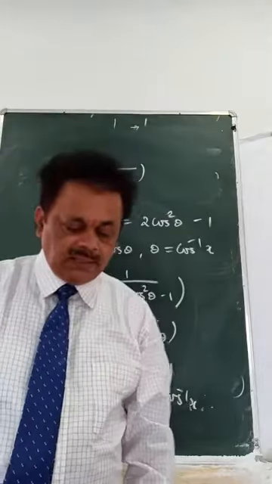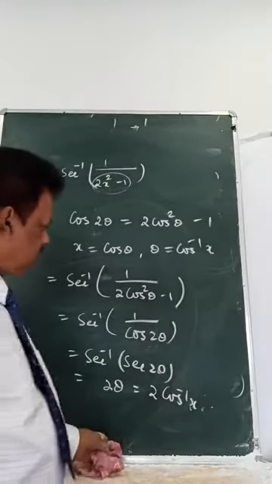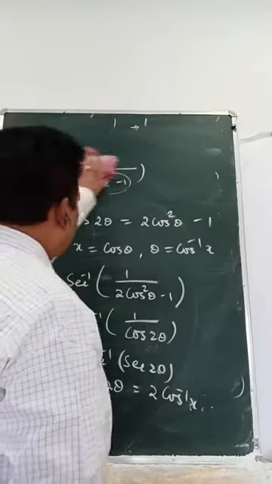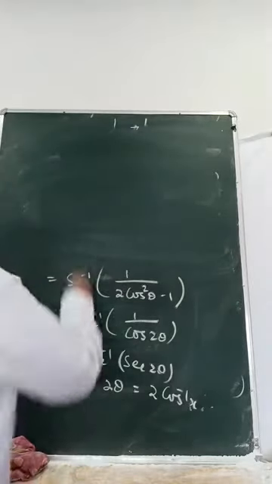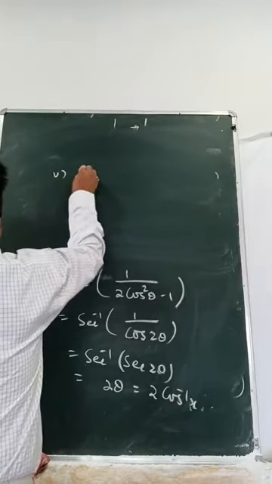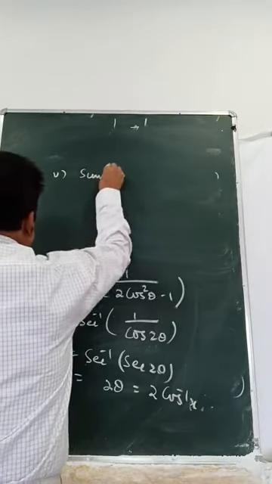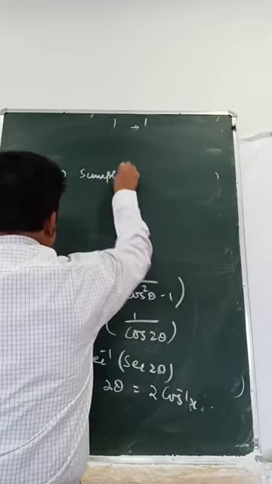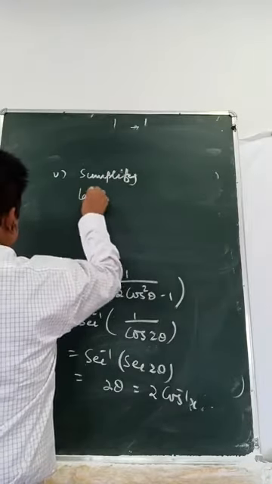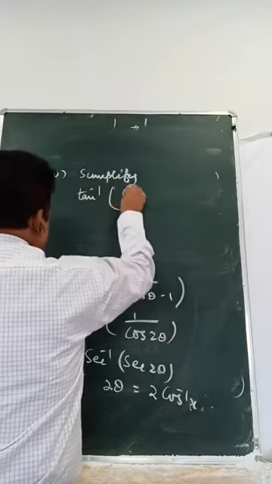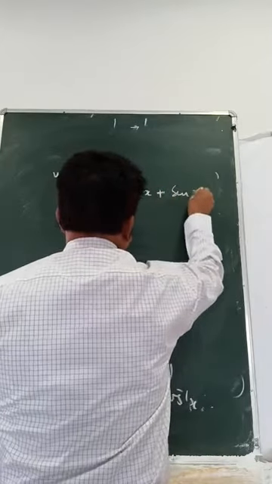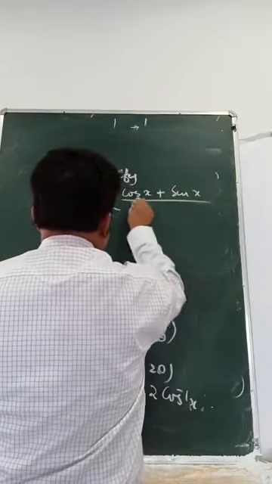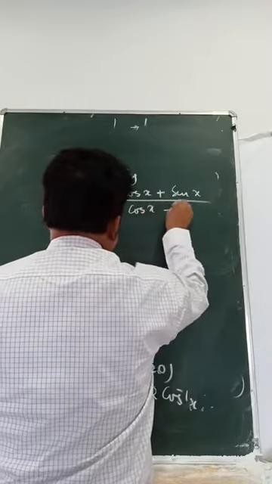This pattern is clear. Suppose let's enter into a difficult question. Suppose I got a question: simplify tan inverse of (cos x plus sin x) by (cos x minus sin x).